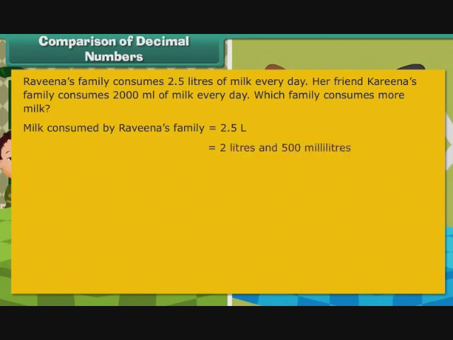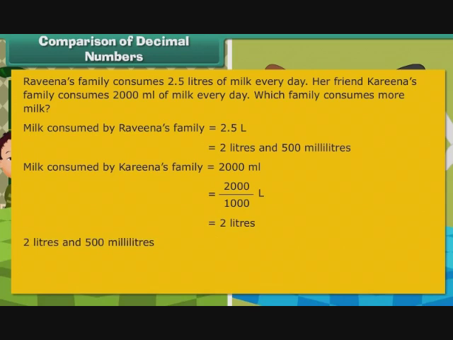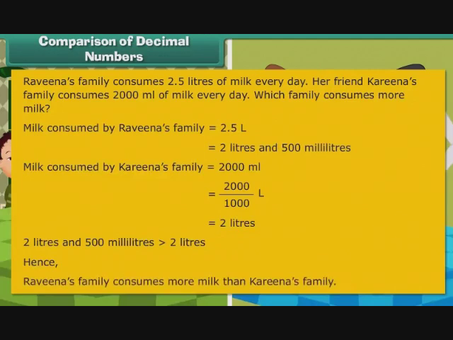That is equal to 2 liters and 500 milliliters. Milk consumed by Karina's family is equal to 2000 milliliter. That is equal to 2000 by 1000 liter. That is equal to 2 liters. 2 liters and 500 milliliters is greater than 2 liters. Hence, Ravina's family consumes more milk than Karina's family.